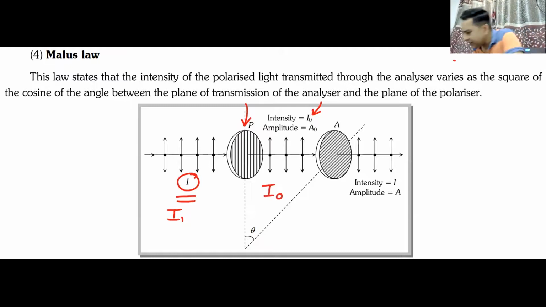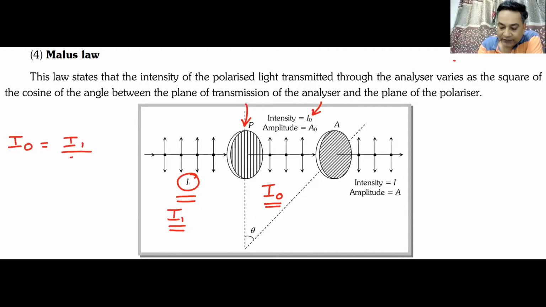So they have used different terms for this. You can understand the relation between I1 and I naught: I naught will be equal to I1 by 2. I have said that repeatedly over and over again. Yes or no?